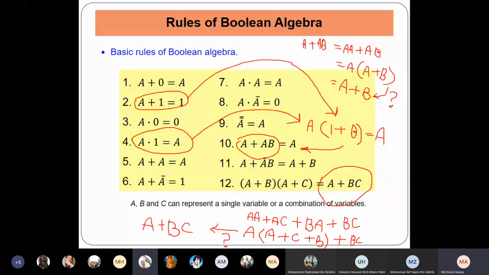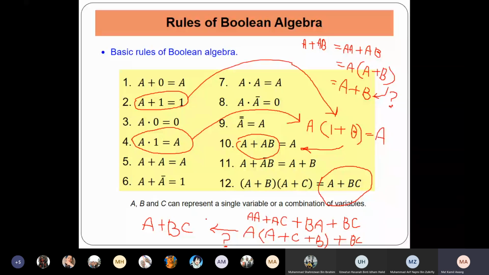I leave it for you to think. You submit this as an exercise. Number 11 and 12, how do you move from here to here using which rule?